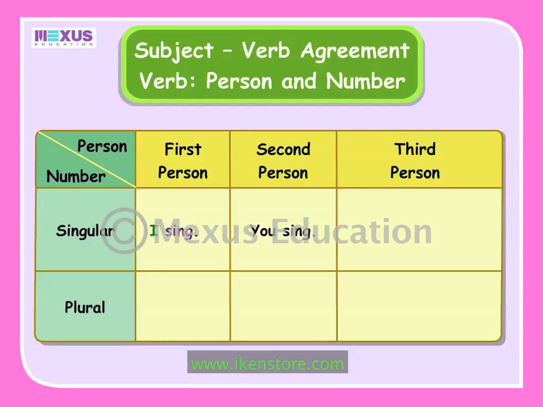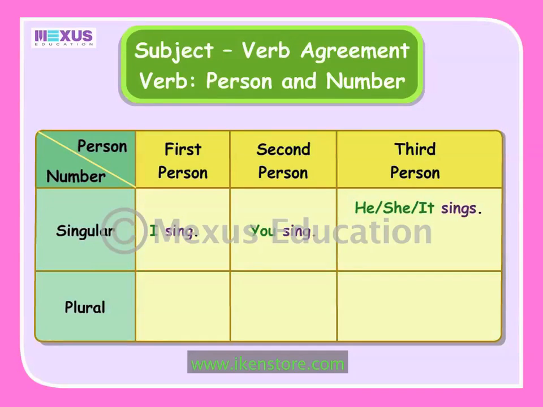You sing. In this sentence, the subject you is of the second person and singular in number. So, the verb sing is also second person singular. He, she, or it sings. In these sentences, the subject he, she, or it is third person singular.